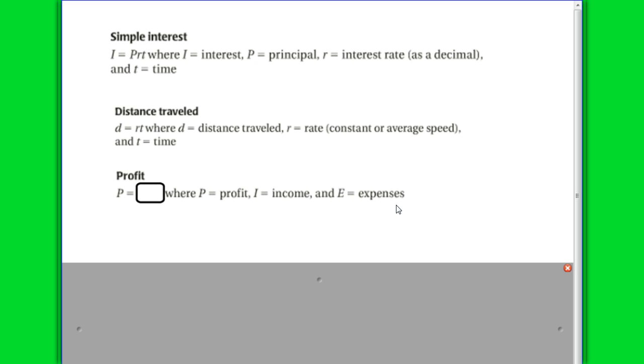If I'm a business and I take $100 in this hour, have I made 100, or what do I have to do with the expenses? Subtract them. Just subtract them. So it actually looks like pie, P-I-E, but P, the profit equals income, and then subtract your expenses.